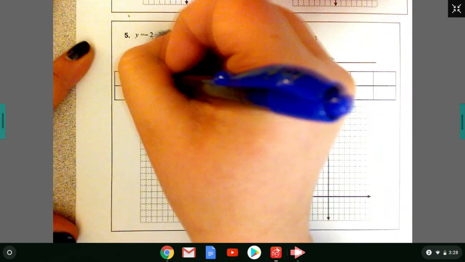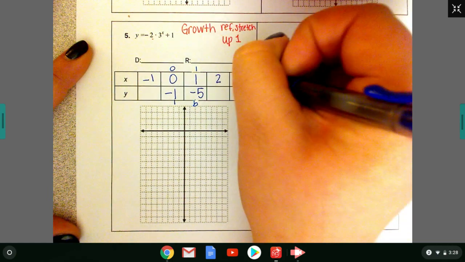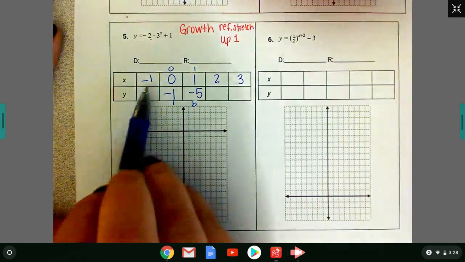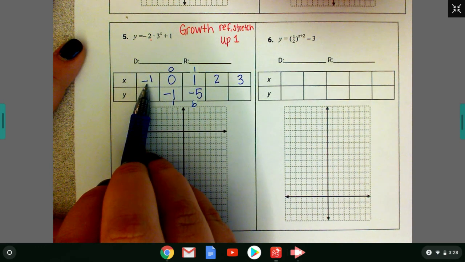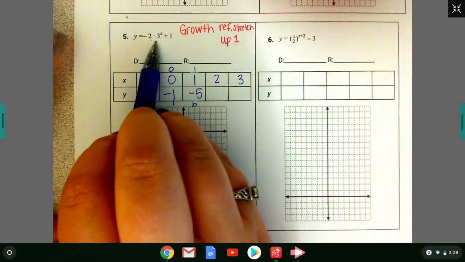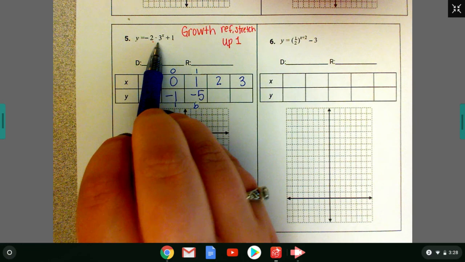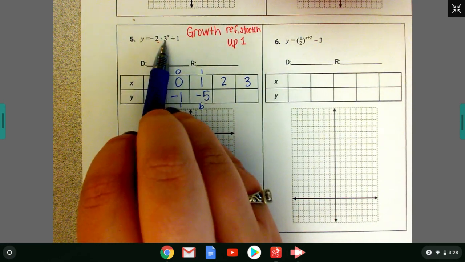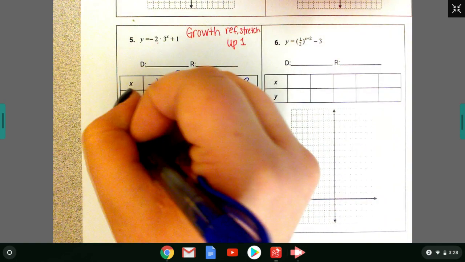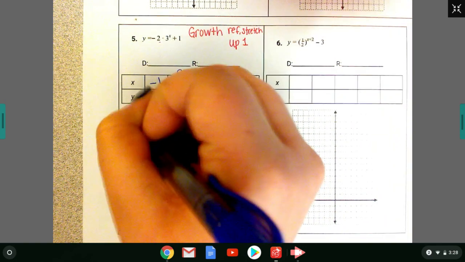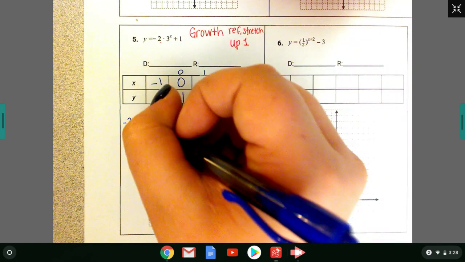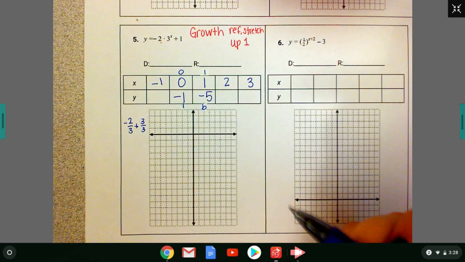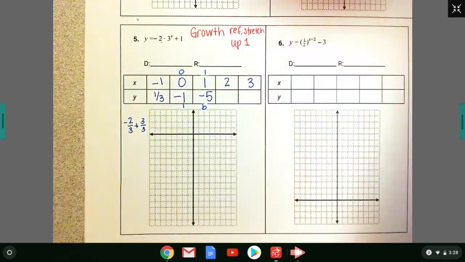And then let's look over to the left one and to the right a couple. If I put in a -1, I've got 3 to the -1, which is 1/3. So -2 times 1/3 is -2/3 plus 1, and plus 1 I'm going to write as 3 over 3. So I've got 1/3 there.